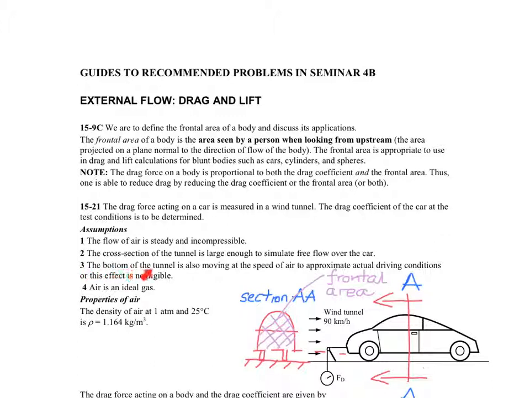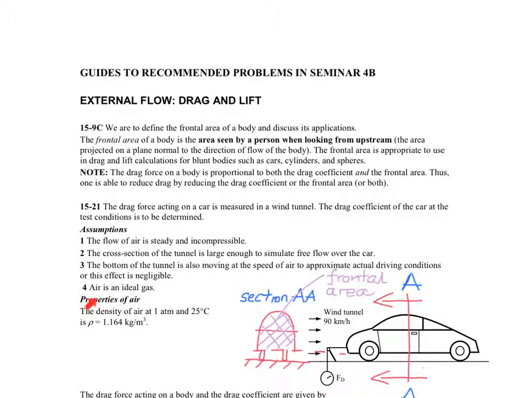Thirdly, the bottom of the tunnel is also moving at the speed of the air under actual conditions. So presumably, you must have some sort of conveyor belt which is moving, or if you do not have that, you will probably have to assume that there are some errors going to be introduced, and this effect is negligible.